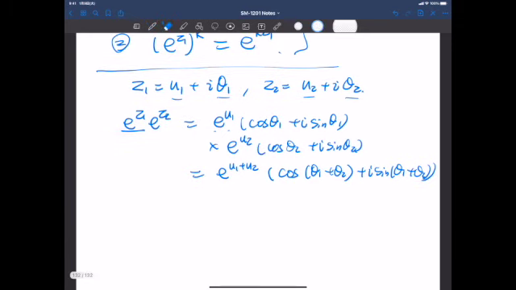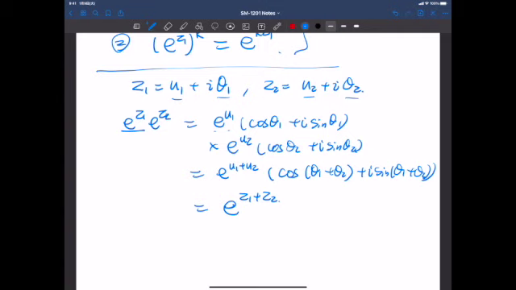And what is this then? According to the definition of the exponential function, this is the polar form of the exponential of z1 plus z2.